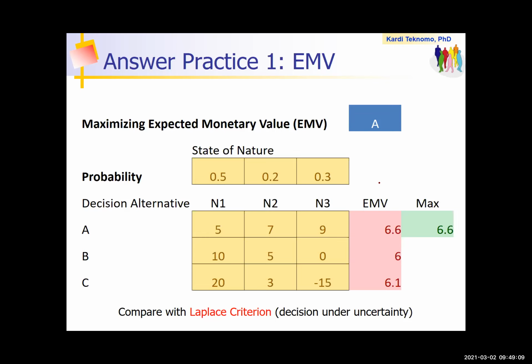Then you take the maximum, which here is 6.6, and the argmax is A. So if this is the payoff table, I will decide A, with an EMV of 6.6. If you compare this with the Laplace criterion, the difference is actually in the probability of the states of nature.